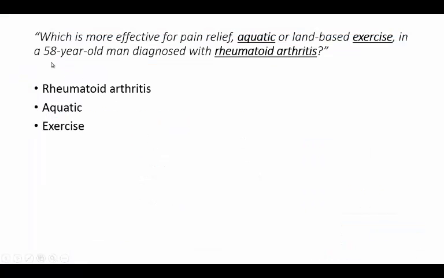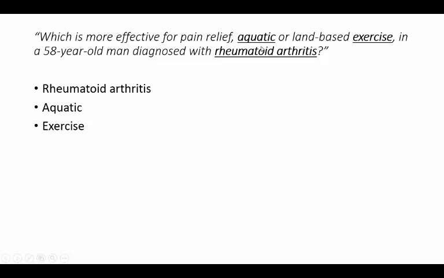For example, if you have a question about a patient, a 58-year-old man diagnosed with rheumatoid arthritis, and you don't know what is more effective for pain relief, aquatic therapy or land-based exercise. Shall I give this person hydrotherapy or aquatic therapy, or shall I give him exercise on land?